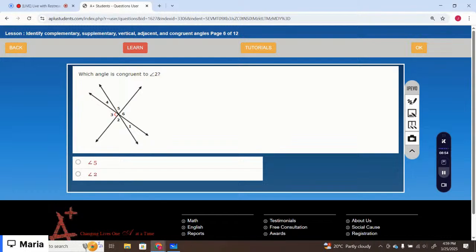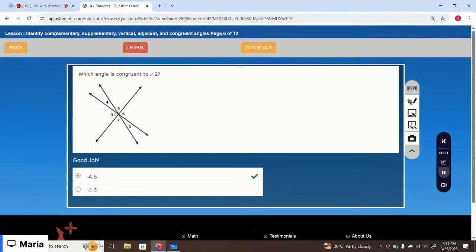Which angle is congruent to angle 2? The angle congruent to angle 2 is angle 5. Option number 1 is the correct option.